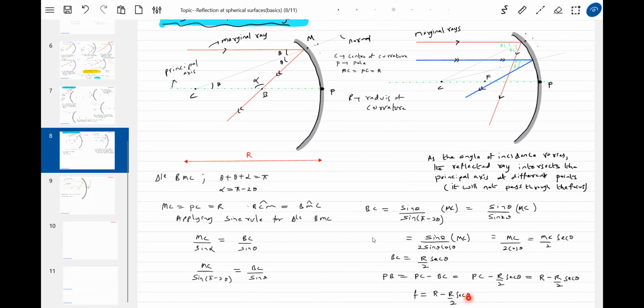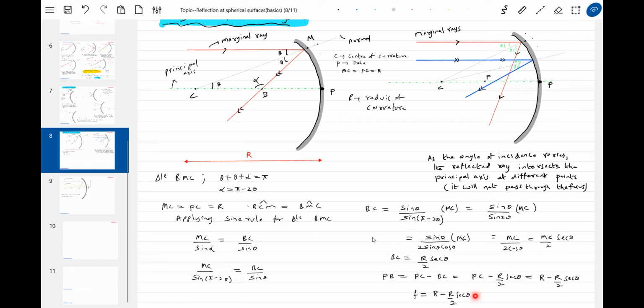It depends upon the angle of incidence. This F I'm going to measure from the pole. If theta is very small, then secant theta will become 1, then F will become R by 2. Then it will become a paraxial ray. But for marginal rays, the different rays will intersect the principal axis at different points.